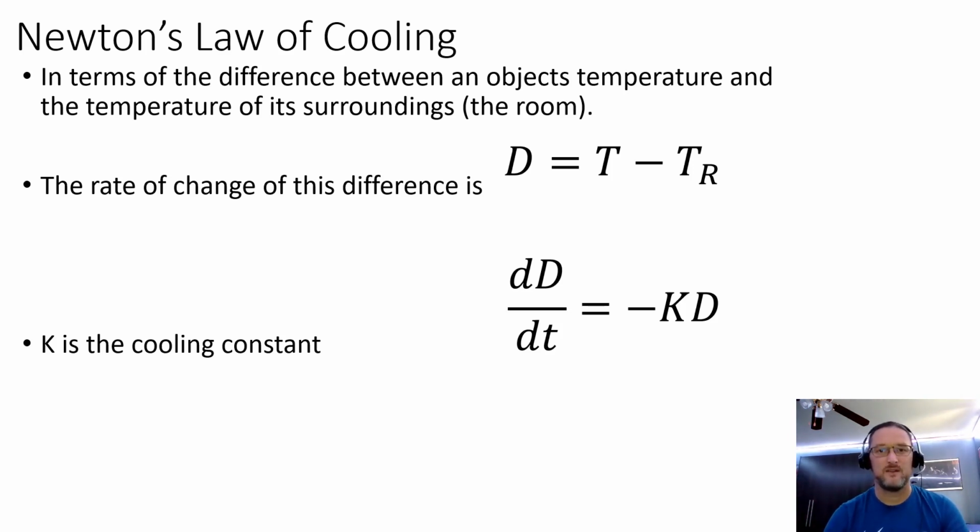He said that a warm object of temperature T cooling off in a room or an environment, we'll call it the room for ease of language, with a temperature T sub R. If you look at that difference in temperature, the rate of change of the difference is equal to a constant times the difference. And that's it.